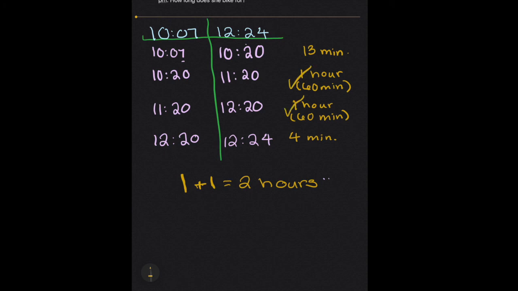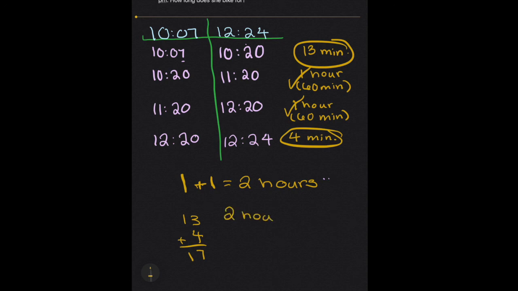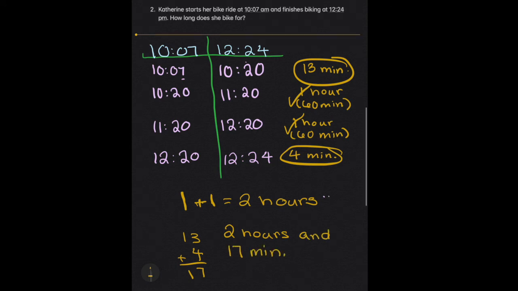So now all we have to do is figure out how much is 4 minutes plus 13 minutes. So 13 plus 4 is 17. So our total time, if we combine, is 2 hours and 17 minutes. Our answer is 2 hours and 17 minutes.